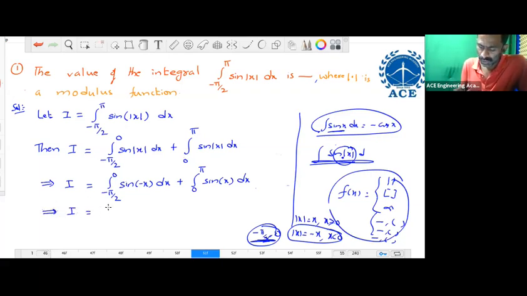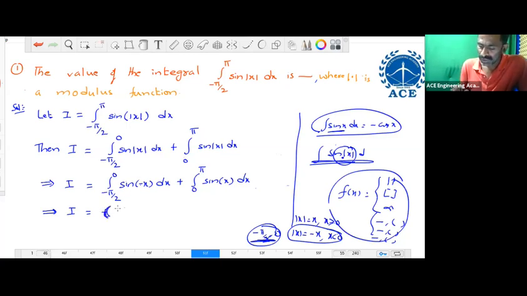Sine of minus theta is minus sine theta, that is why I am writing this minus outside. After writing this minus outside, we write the integral of sine, which is minus cos x. So minus minus becomes plus.